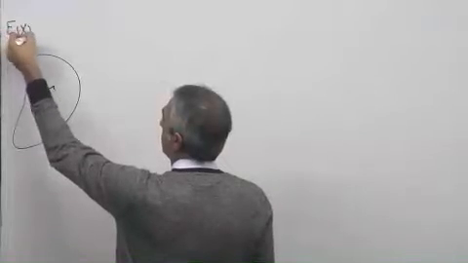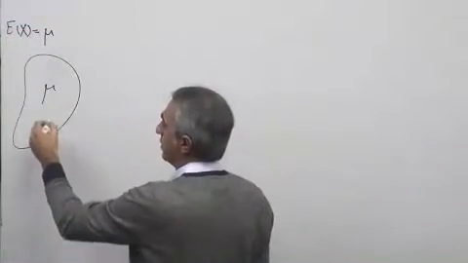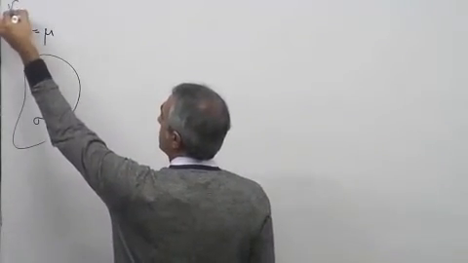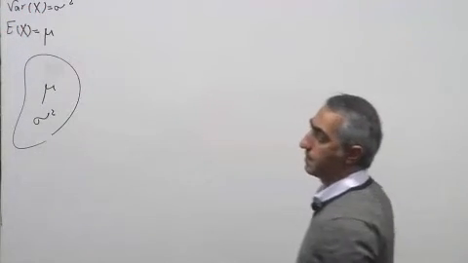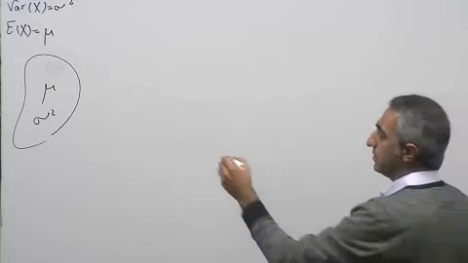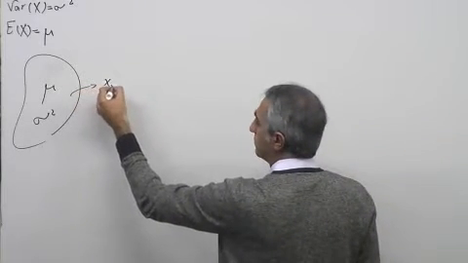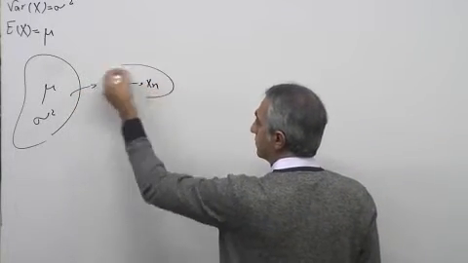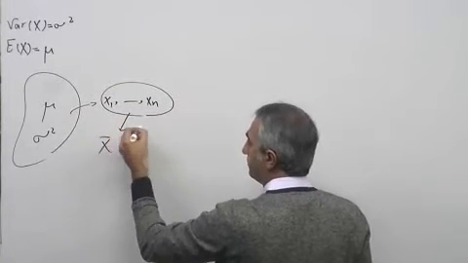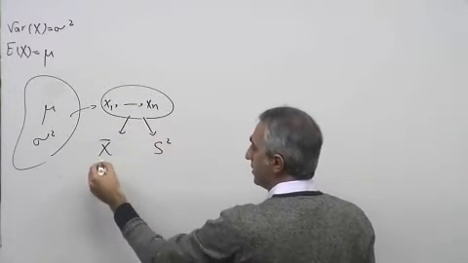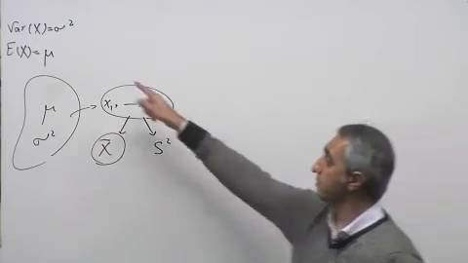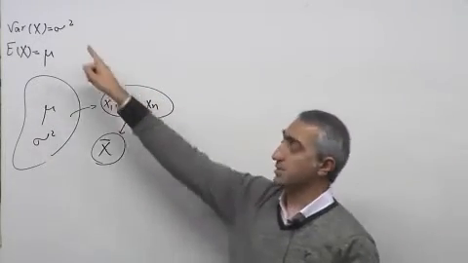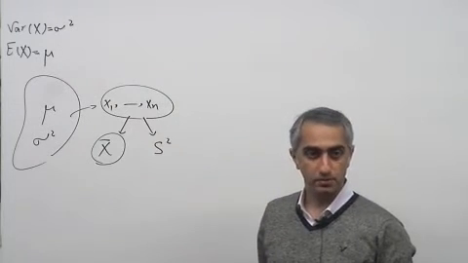The expected value of this random variable is mu, and the variance is sigma squared. We collect a random sample. We calculate x bar. We define s squared. And we claim that x bar is an unbiased estimator for mu, and s squared is an unbiased estimator for variance. We want to show that.